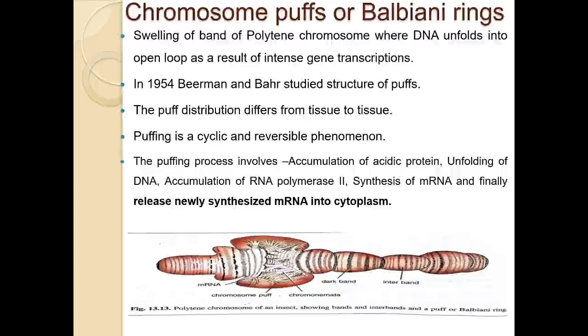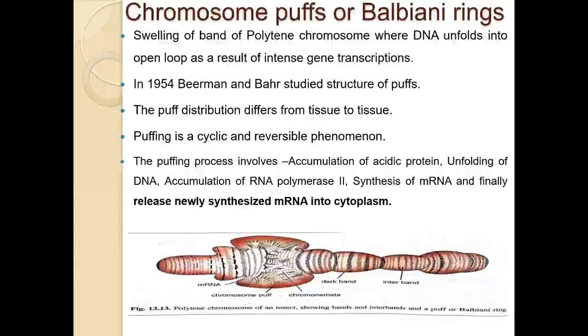In 1954, Beermann and Bard studied the structure of the puff. The puff distribution is different from tissue to tissue, and it is a cyclic or reversible phenomenon. Whenever the synthesis of mRNA is required, at that time it appears like a loop, and whenever it is not necessary, the loop disappears.